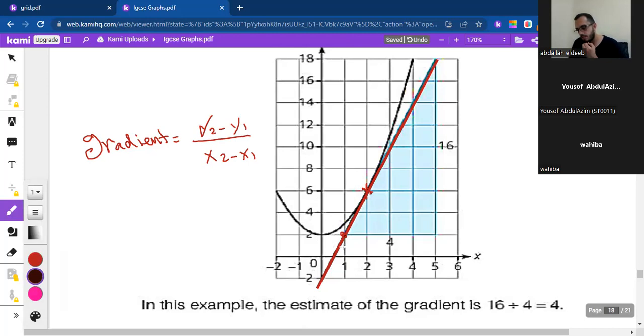From the red line, you take any 2 points. The red line is the tangent, and we need to find the gradient of the tangent.